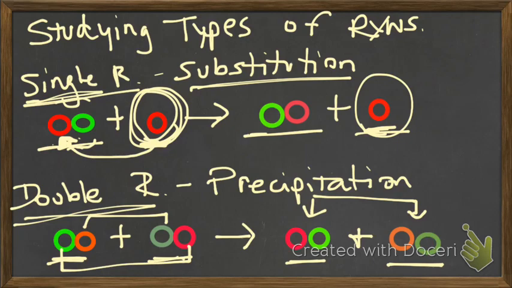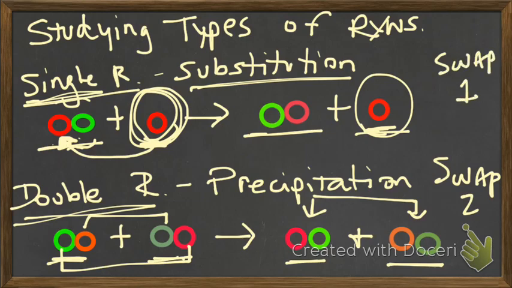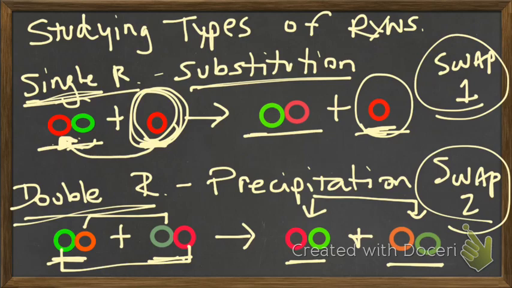So you have swapped partners. Double replacement is a swap. Now single replacement is also a swap, but it is a swap of only one of your ions. So single replacement swaps one and double replacement swaps two. That is a way to keep your types of reactions straight.